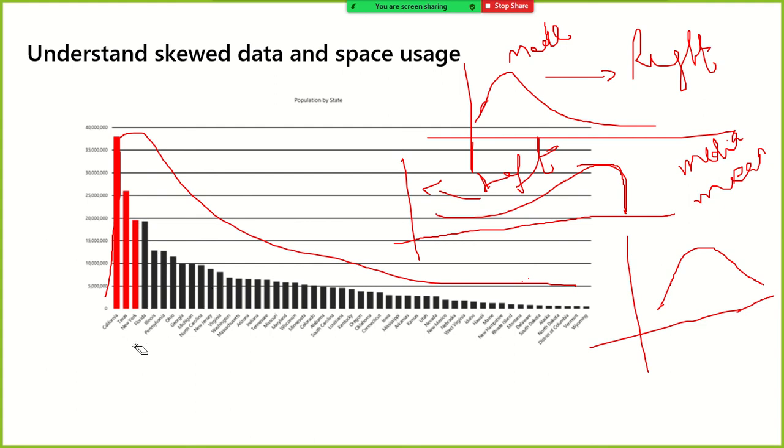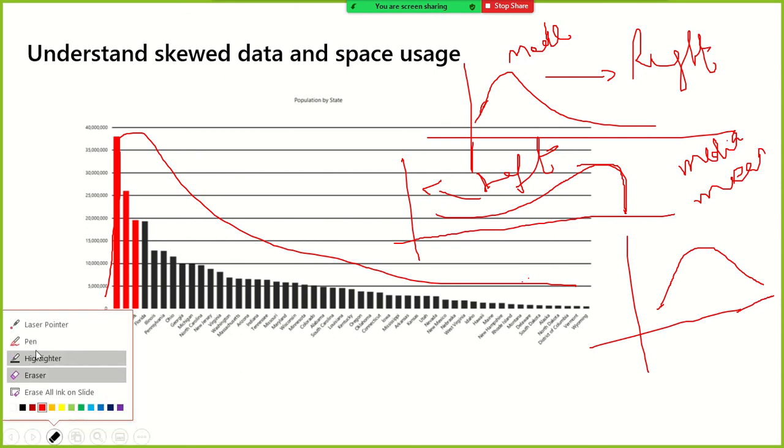Also you need to understand skewed data and the space usage. A quick way to check the data skewness is to use a command, a function that can do that for us.